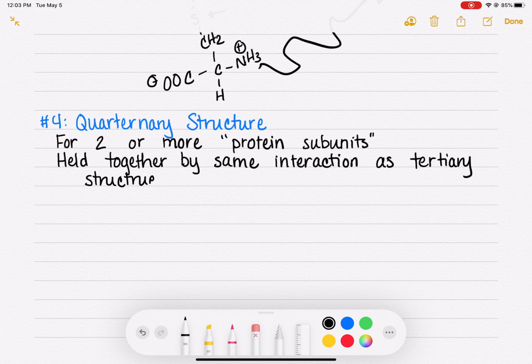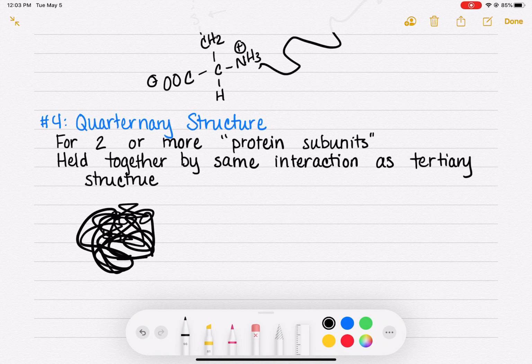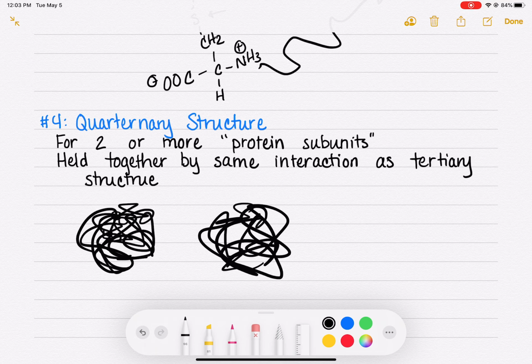So what exactly does this work or look like? This would be like we have one protein, here it is, that's my best way to draw a protein. And then we have a second protein, here it is. These are individual proteins, they have their own sequence of amino acids.